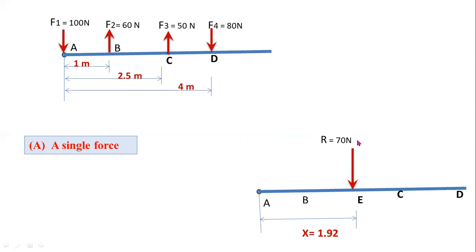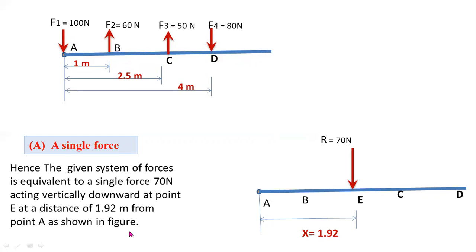This resultant is equivalent to these four forces. Here you can observe x equal to 1.92. Hence the given system of forces is equivalent to a single force of 70 newtons acting vertically downward at point E at a distance of 1.92 meters from point A. As shown here, this is a single force diagram.